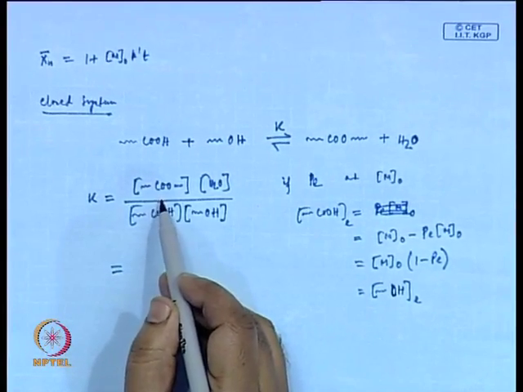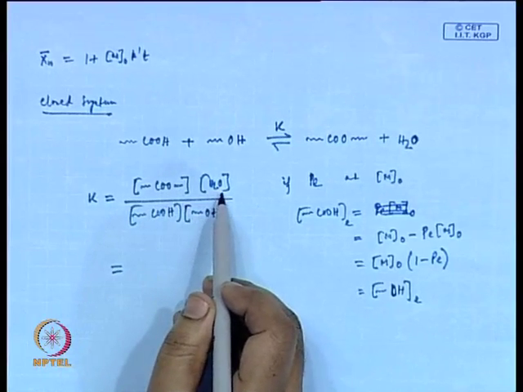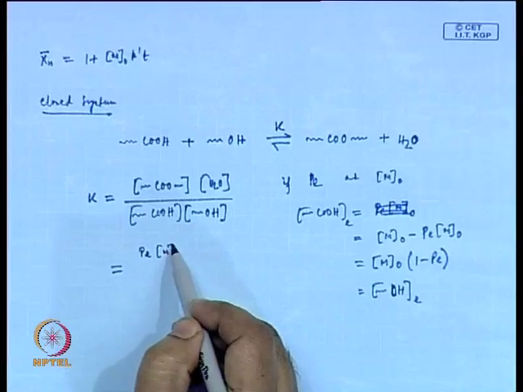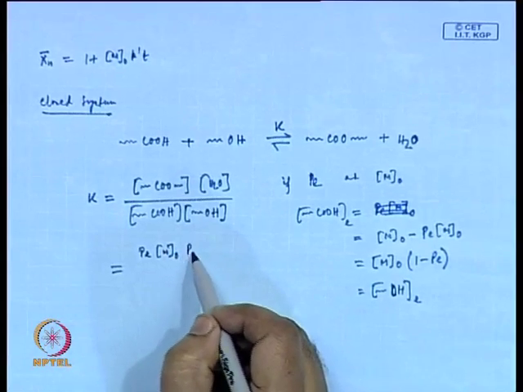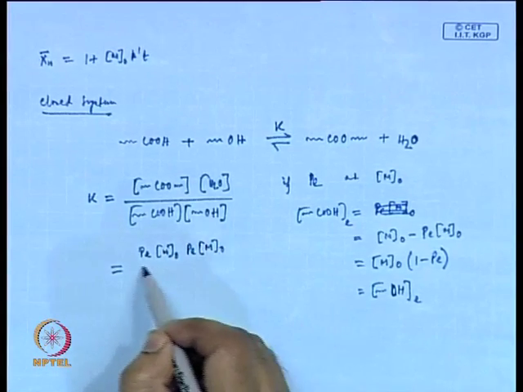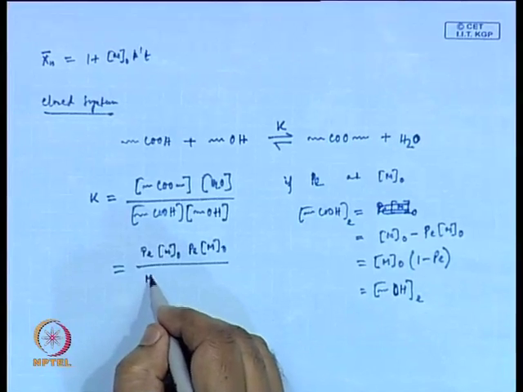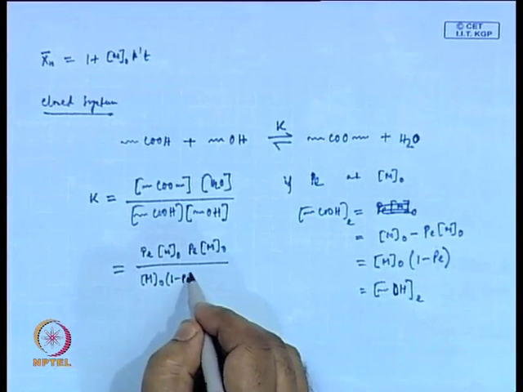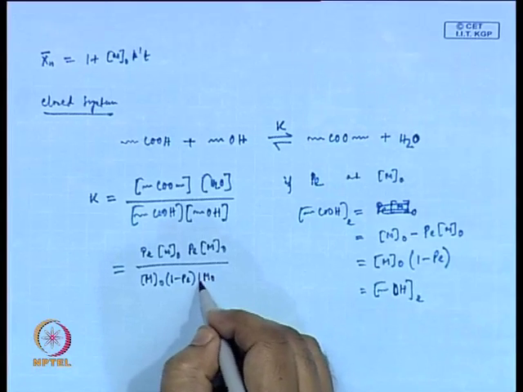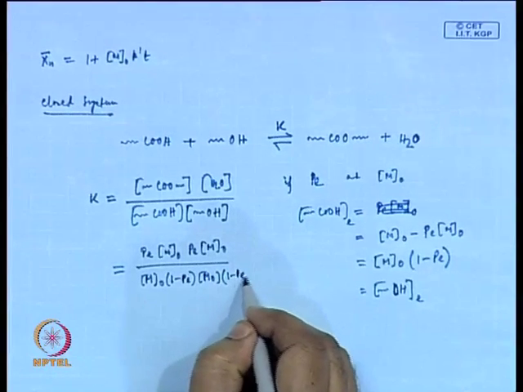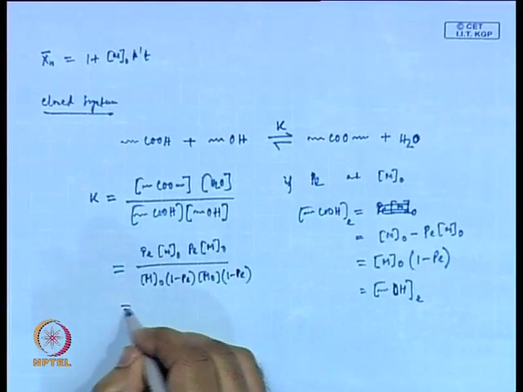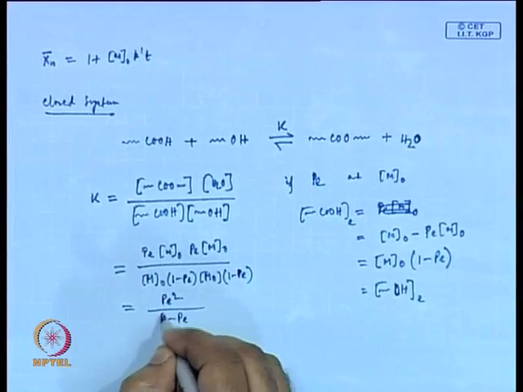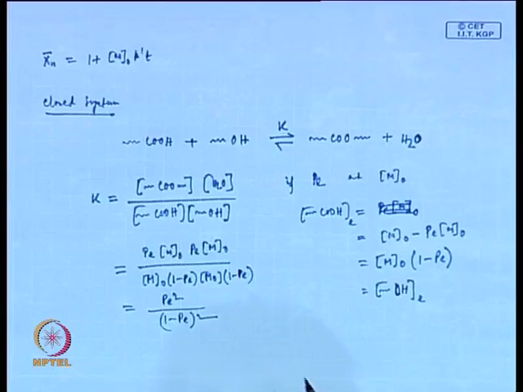What is the concentration of CO group and H2 at equilibrium? That is P M0. So, P M0. Okay.